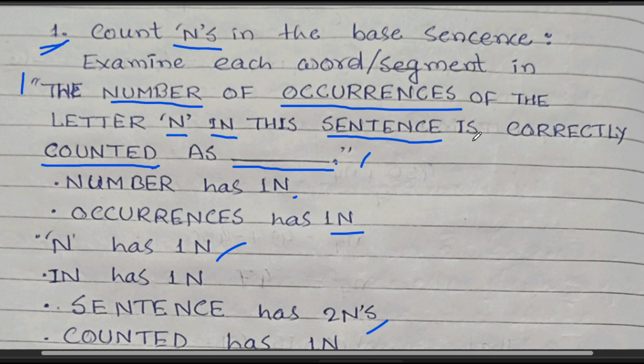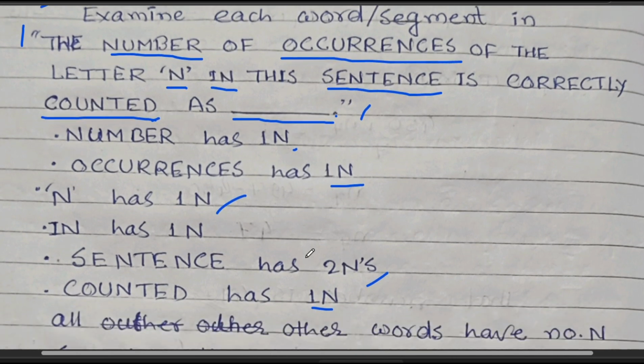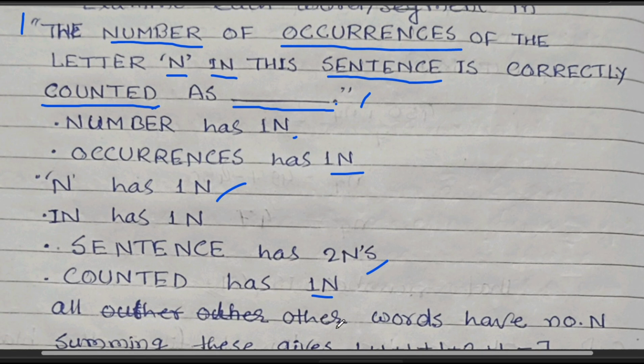"Is" no N, "correctly" no N, "counted" has one N, "as" no N, and the blank is to be filled. All other words have no N.